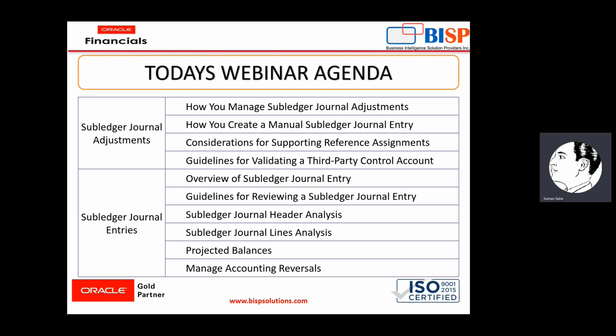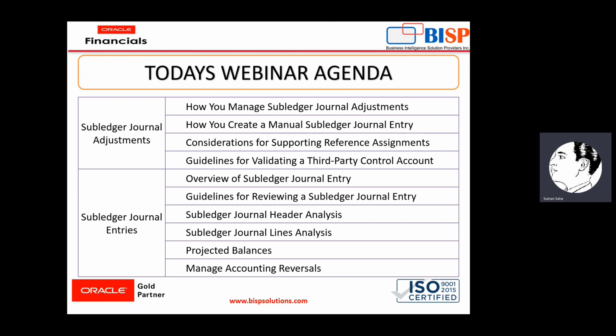Now, how to create manual subledger journal entries. The manual subledger journal entry application enables the user to create manual journal entries online. Through the subledger module you can create journal entries, and the same thing will be pushed to general ledger.